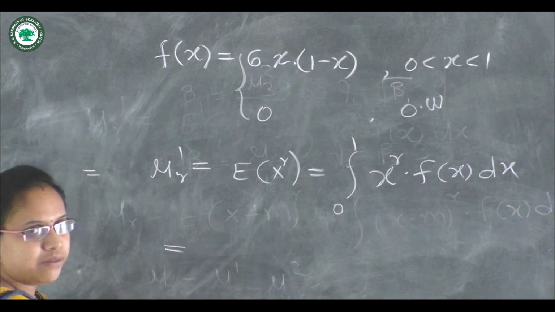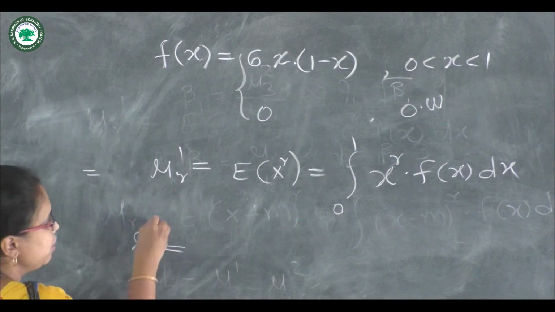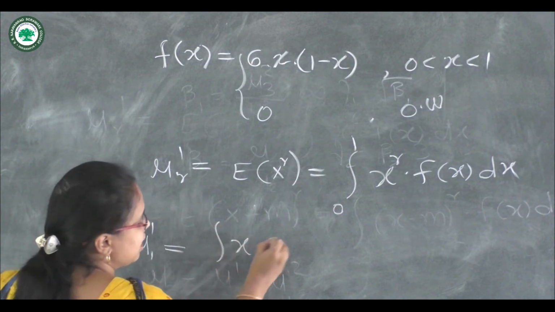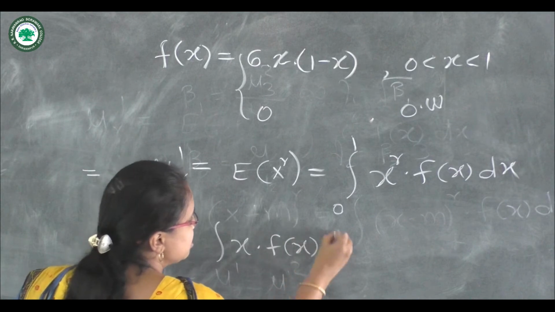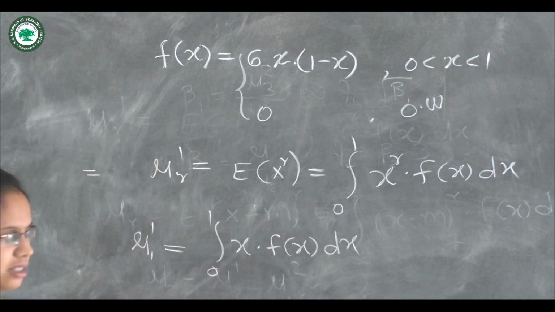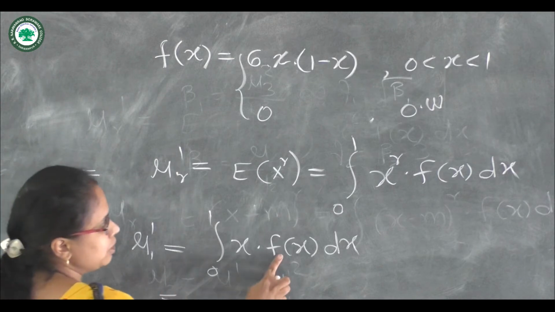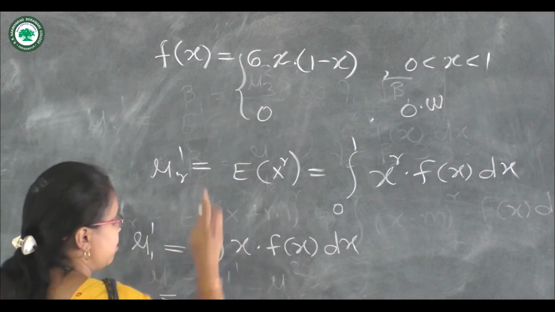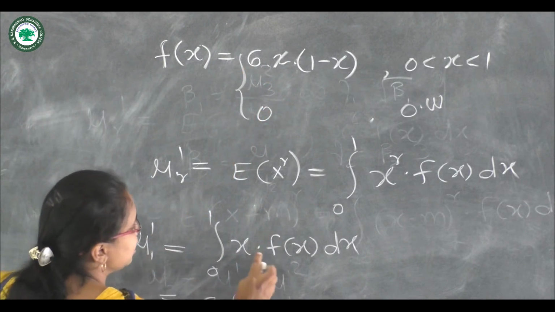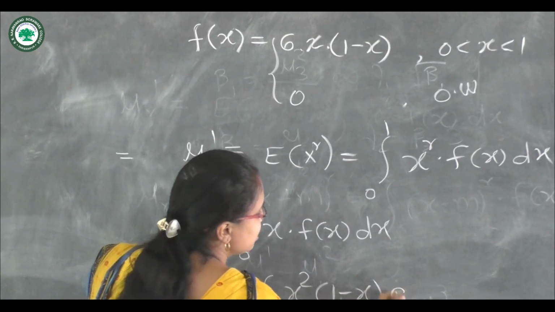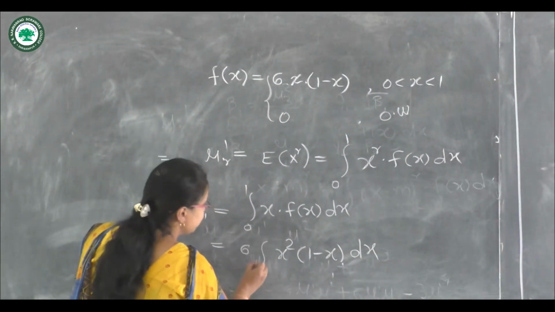Let's put r equal to 1, we will have mu 1 dash, which is equal to the integration of x into f of x dx. We know that this is the expectation of x, that is the mean. Let's put the value of f of x. So 6 will be taken outside. Here x into x will be x square into (1 minus x) dx.